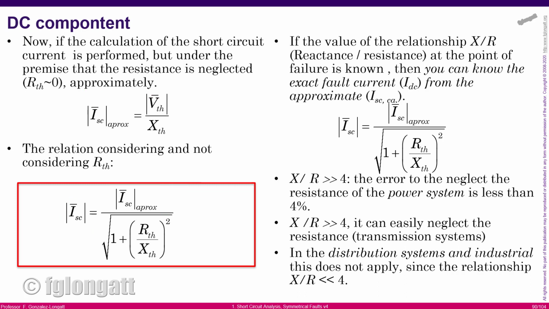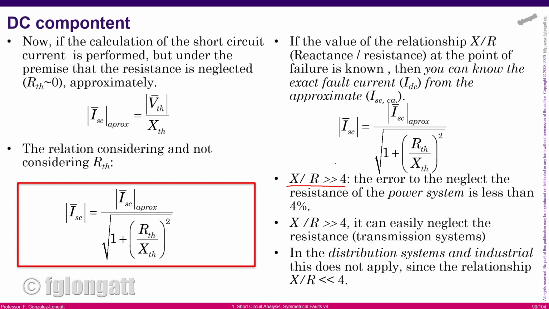Now, this factor in the denominator is what explains the effect of the ratio between reactance and resistance. And that is a very important term because in real life, the ratio between inductive reactance and resistance defines many important things.